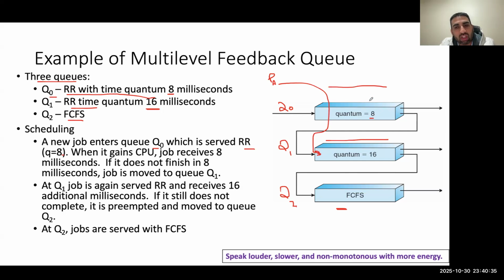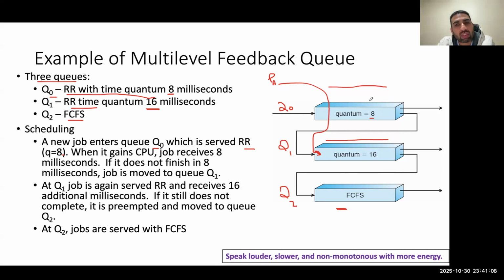So what is our motivation behind having all the processes which can complete within a quantum of 8 time units in the highest priority queue? To increase the throughput. Because these processes have smaller total execution time, they can complete earlier, and as a result we can have more processes or threads completed per unit time, so we can increase the throughput of the system, right?